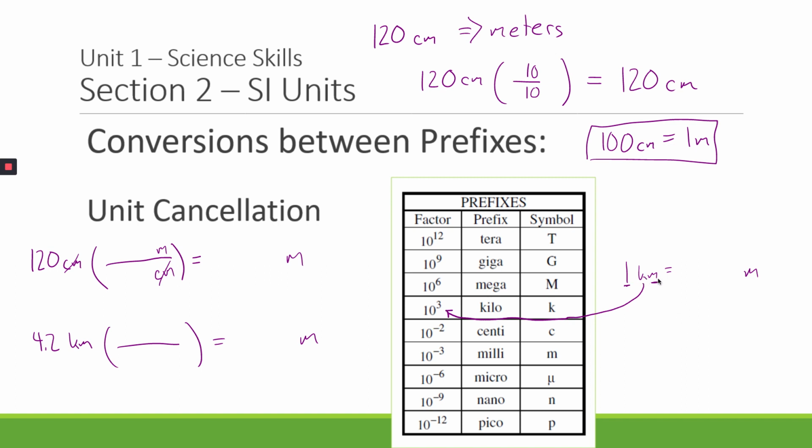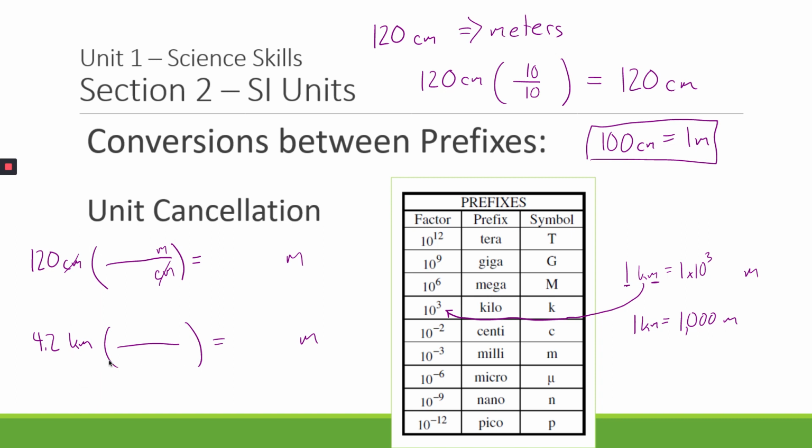So 1 kilometer, we're going to have 1 times 10 to the third from that chart, meters. So 1 kilometer equals 1 times 10 to the third meters. Just to get it out of scientific notation, 1 kilometer equals 1,000 meters. Beautiful.